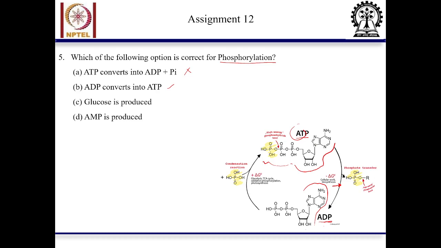ADP, by phosphorylation, will convert to ATP as one phosphate group is added. This is adenosine diphosphate, and this is adenosine triphosphate. This is a very high energy bond, and once we hydrolyse it, we get the energy. Right, this is one picture for understanding purposes.